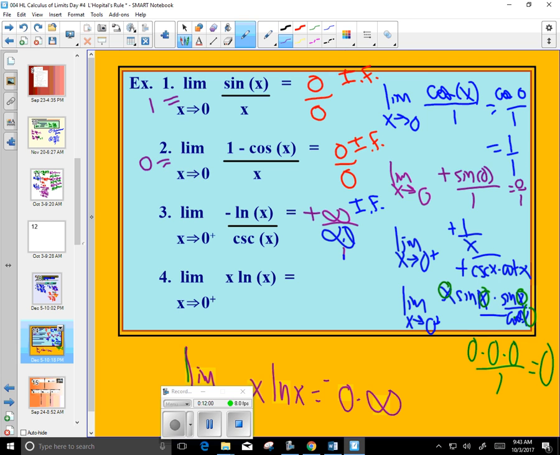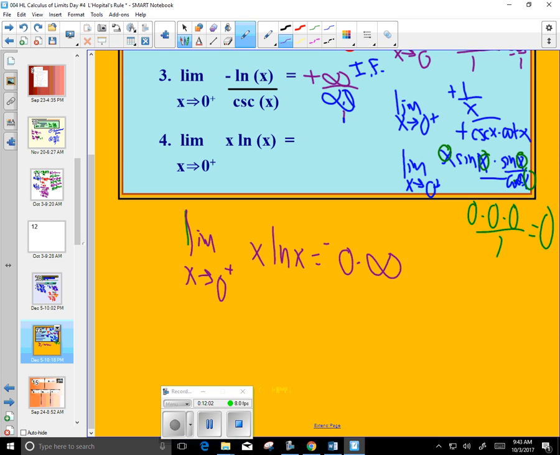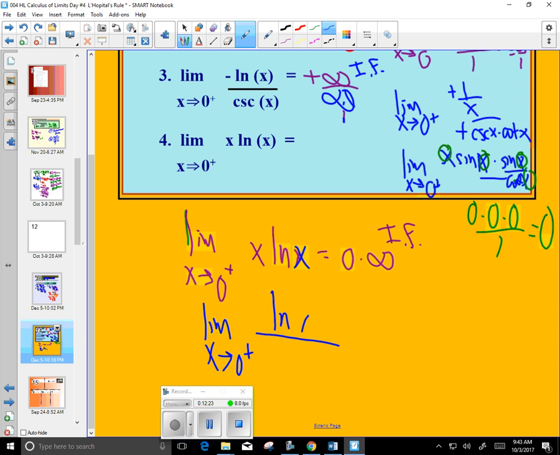So what you're going to do here is, I told you there were 2 requirements. One is 0 times infinity is an indeterminate form. You have to write that. The second thing you have to do is write this as a ratio of 2 functions, or this won't work. I'm going to keep natural log of x on the top. What could be a function down below here? Turn to your neighbor, see if you can. Yep, 1 over x. This is the equivalent of this, right?